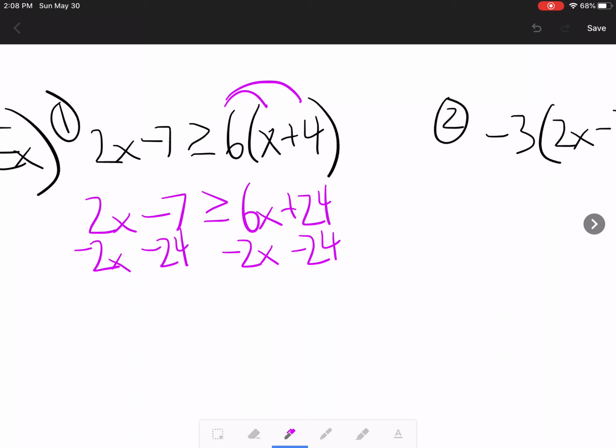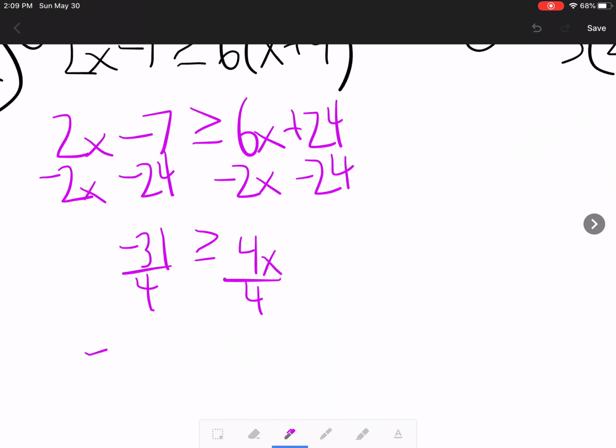That way, all my variables are on the right-hand side, and all my numbers are on the left-hand side. Ultimately, that's the goal: variables on one side, numbers on the other. But now we run into the situation where the direction matters. So I have negative 31 over 4 is greater than or equal to x, which means x could be thought of as less than or equal to negative 31 over 4.